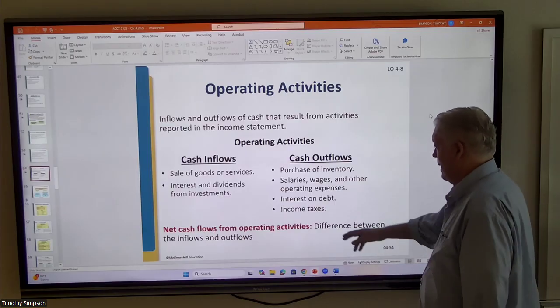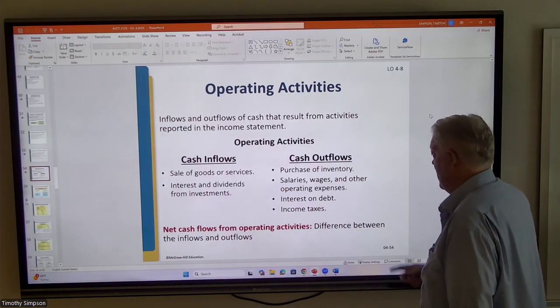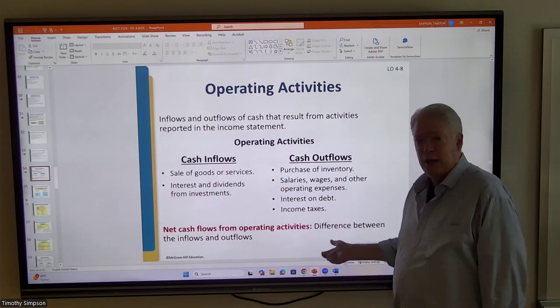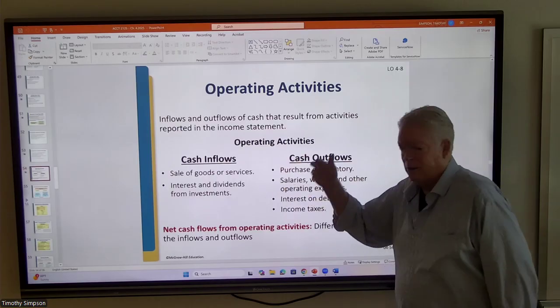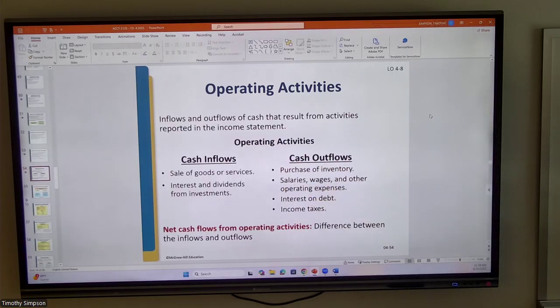And we end up with a net cash flow from operating activities, okay? And it's the difference, whatever it is, positive or negative, right? And by the way, a negative difference here isn't necessarily bad. Maybe a company doesn't want to have as much cash on hand as before. Remember, when we talked about the current ratio earlier, we said that a lot of companies are running very, very thin on cash because cash itself doesn't really do much for the company, right?